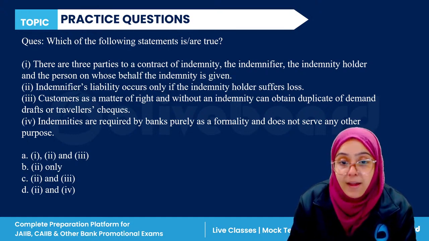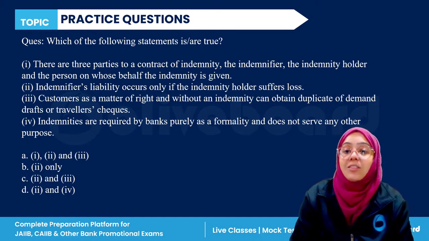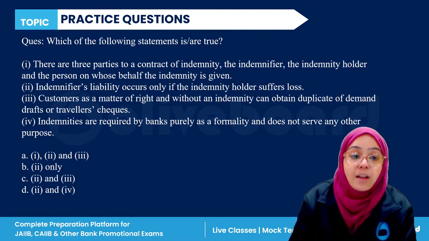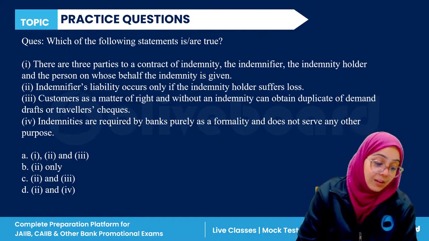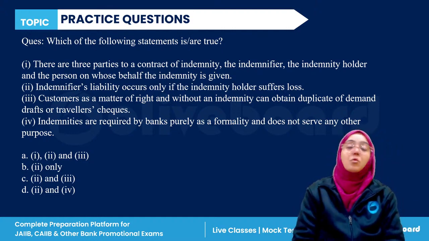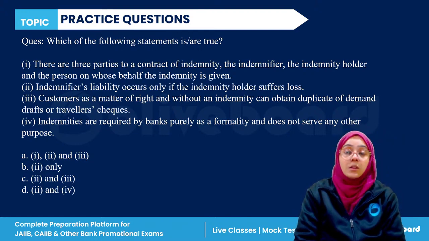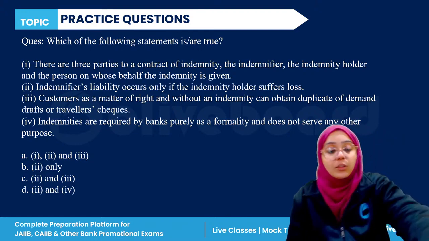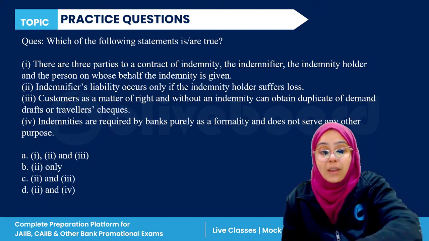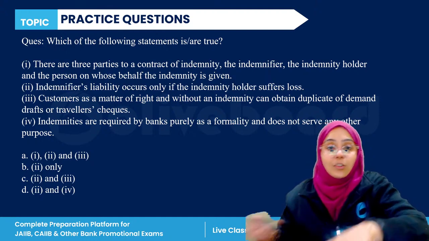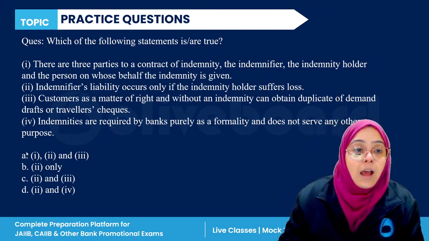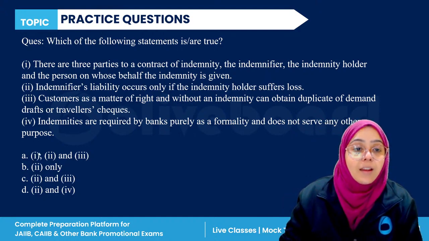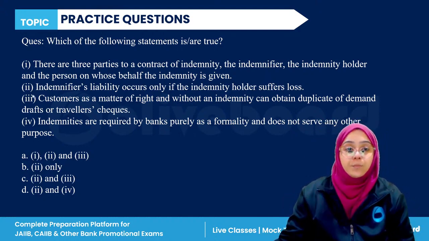Indemnities are required by the bank purely as a formality and do not serve any other purpose. You have to identify the correct statement here. Very easy. Everyone, please answer this question. So the correct answer is what?